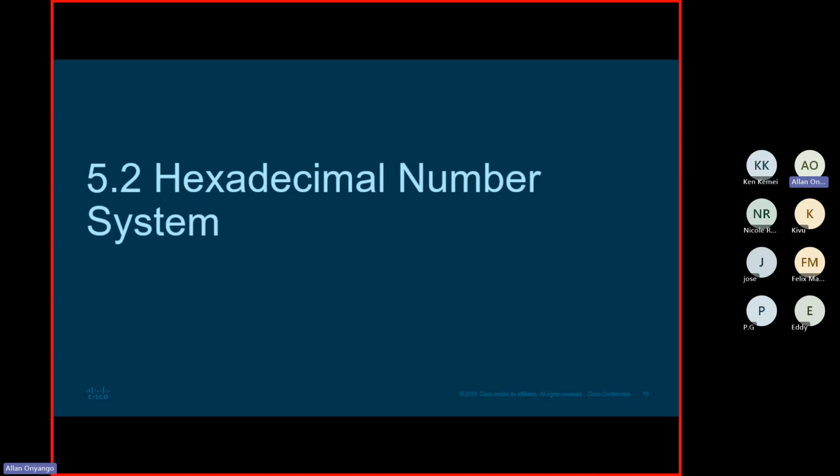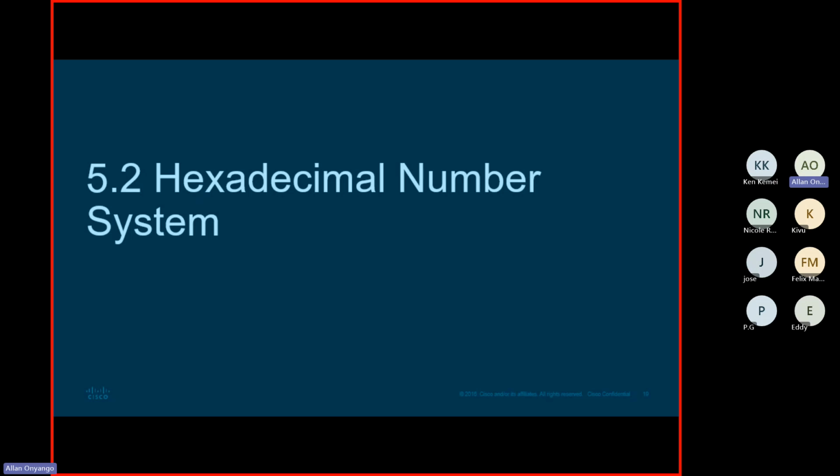What about deci? Deci is how many numbers? 10: 0, 1, 2, 3, 4, 5, 6, 7, 8, 9. Which means hexadecimal contains 6 numbers and another 10 numbers. 6 for hexa and 10 for deci.